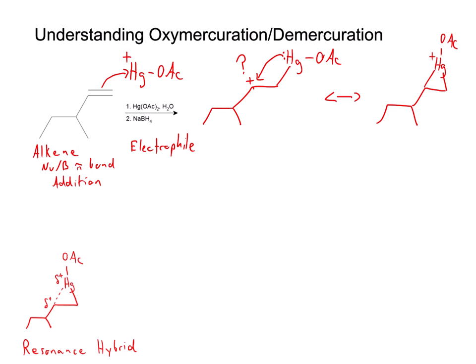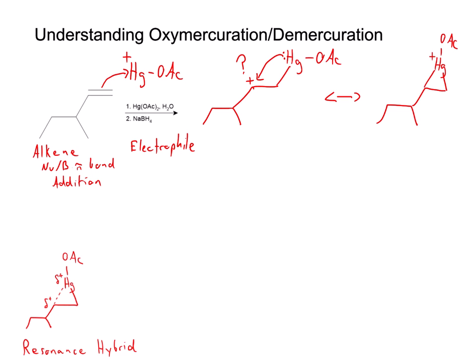The reason why we have a partial positive on that site is because if this were to have generated a carbocation, it would have had to have been at the more stable or more highly substituted position. However, because it's not a true carbocation, we cannot do things like carbocation rearrangements, and we're stuck with this bridged version of the molecule.